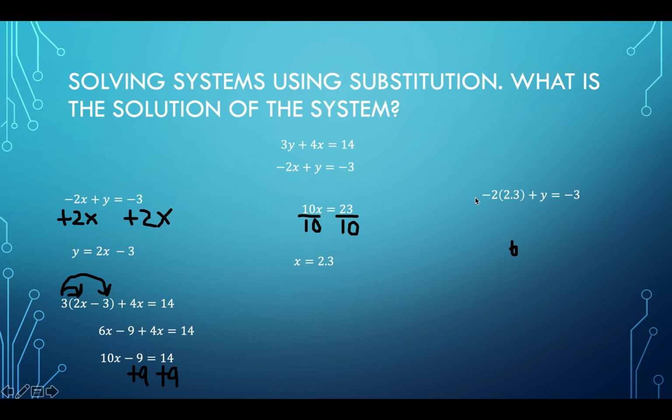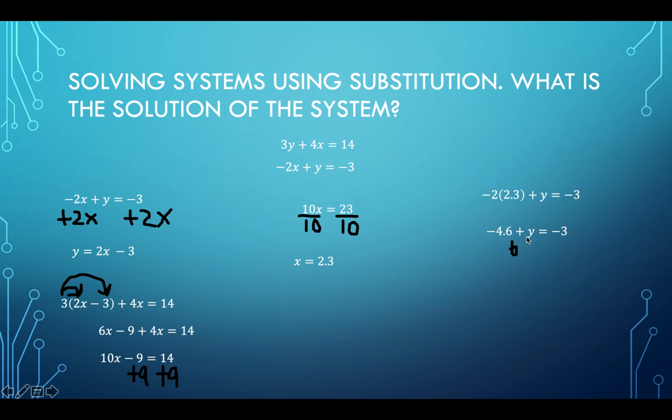So wherever there's an x in this bottom equation, I'm going to plug in 2.3. So I get negative 2 times 2.3 is equal to negative 4.6, plus y is equal to negative 3.